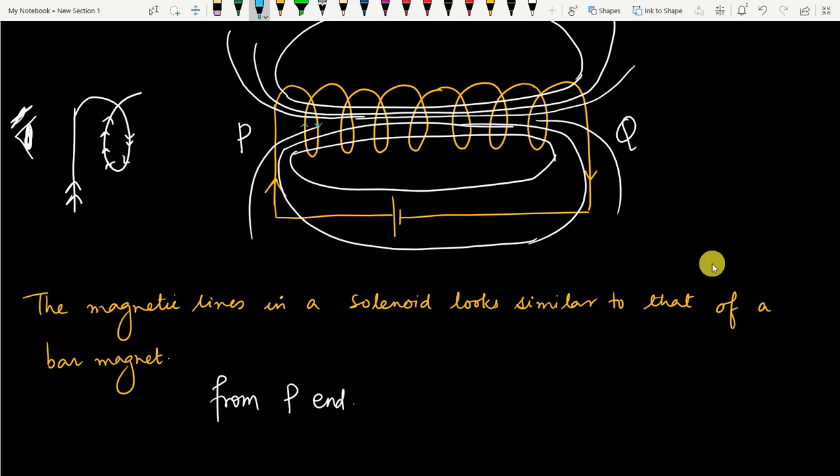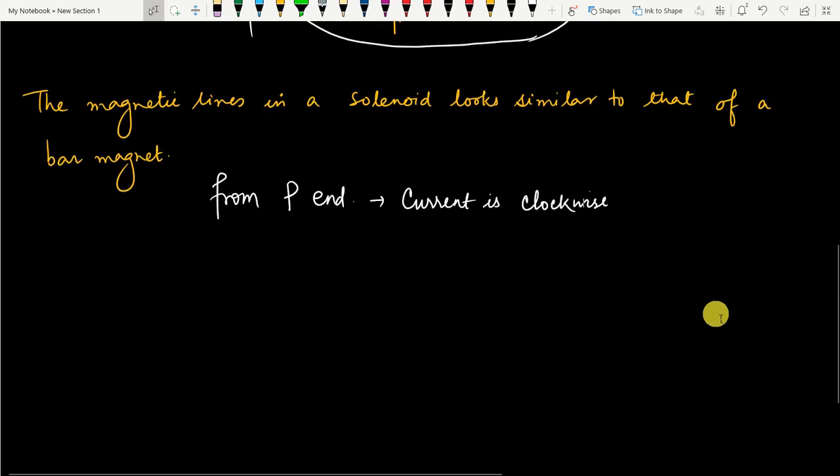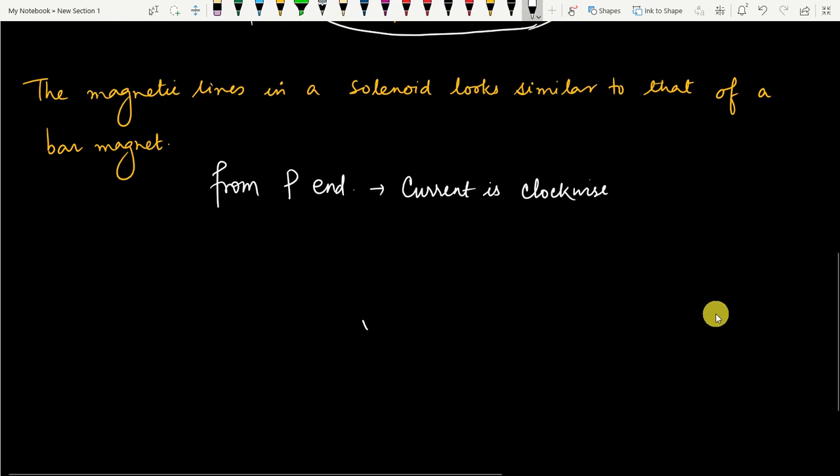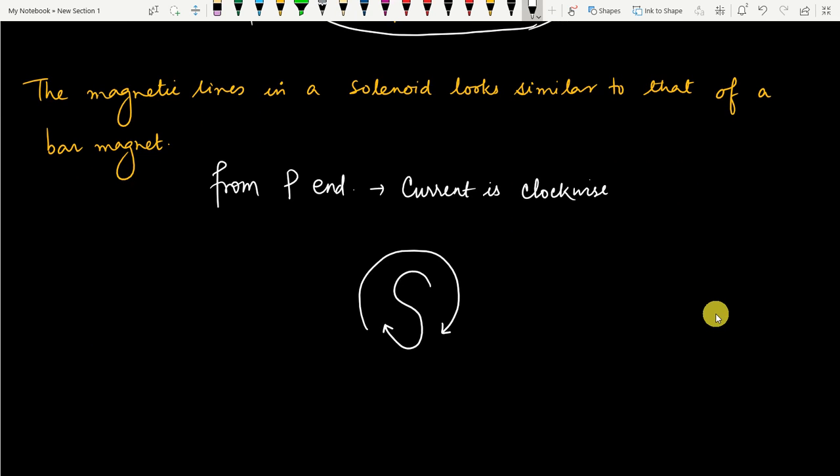So if the direction of current is clockwise, how to show the north and south pole? Current is clockwise. If I use the rule, if the current enters clockwise, this would become the south of the solenoid. So this would be south.